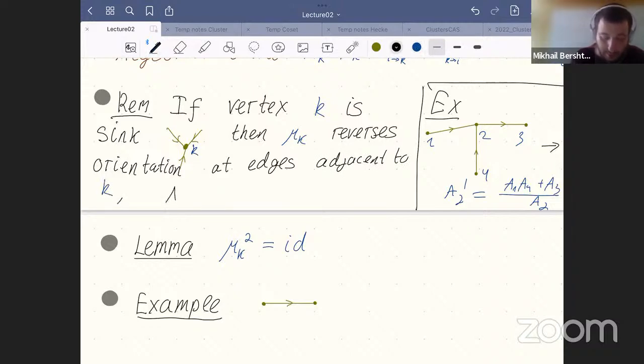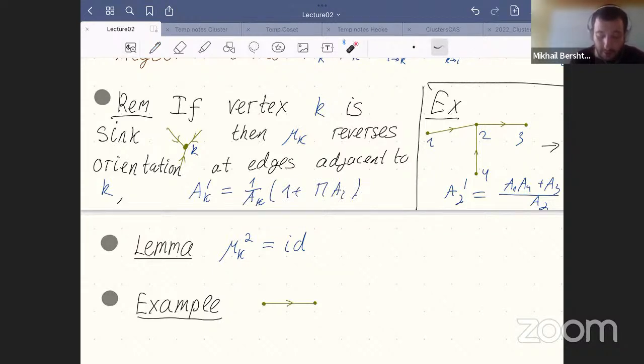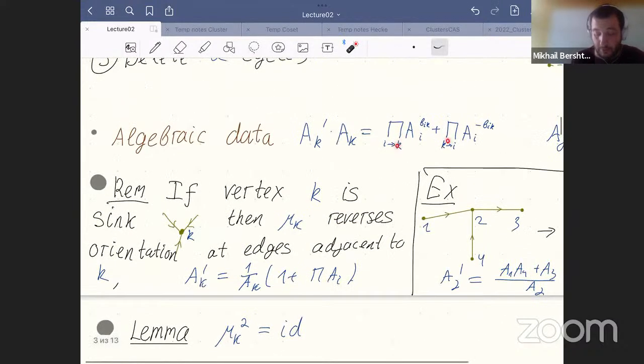And the new variable a_k prime is equal to 1 over a_k, and here will be 1 plus some product. Since we have no edges going out from k, one of these products is an empty product, and an empty product is equal to 1.